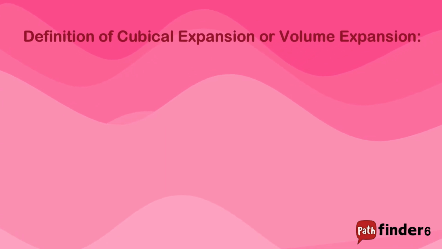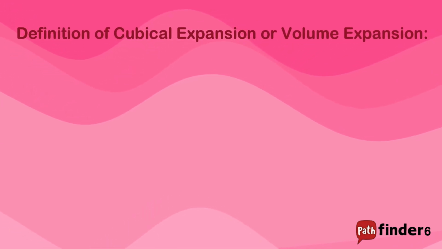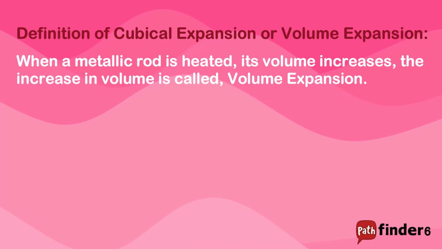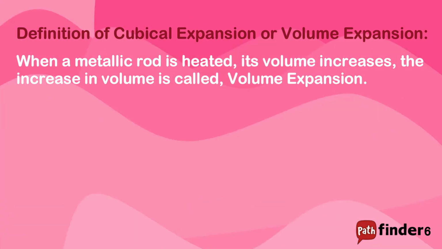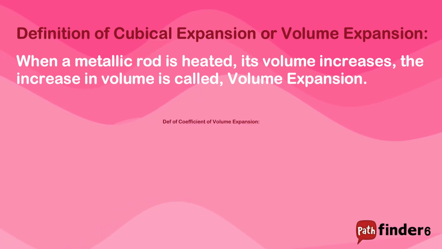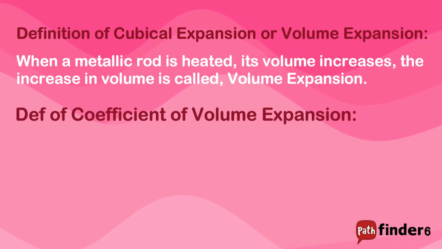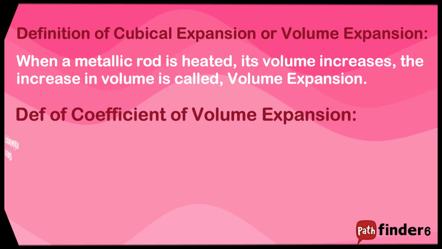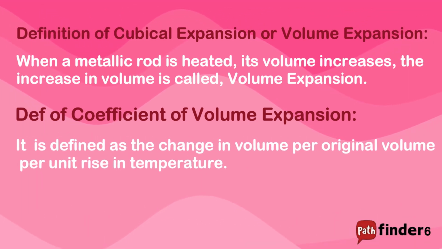Definition of cubical expansion or volume expansion. When a metallic rod is heated, its volume increases. The increase in volume is called volume expansion. Definition of coefficient of volume expansion. It is defined as the change in volume per original volume per unit rise in temperature.